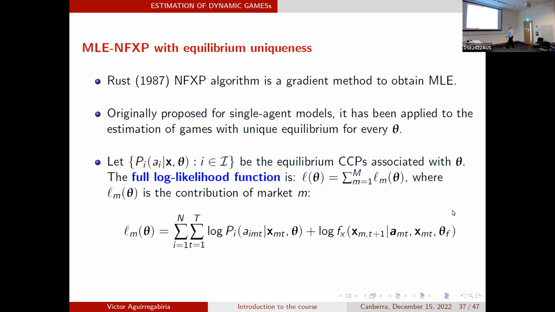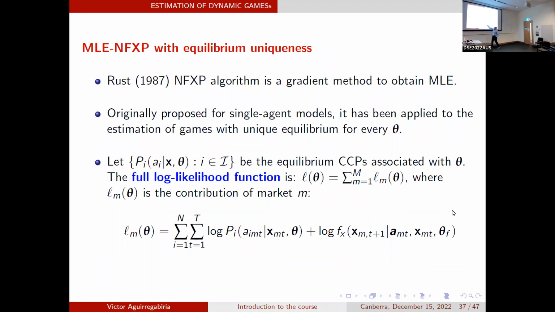We have a likelihood function with the choice probabilities and the transition probabilities of the state variables under the assumptions that we have considered. Here I have changed the notation from Y to A, sorry, okay? Now A are the actions, the dependent variable. This is a well-defined likelihood function.